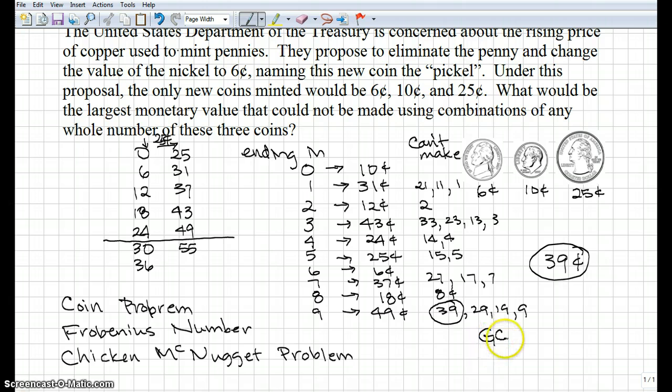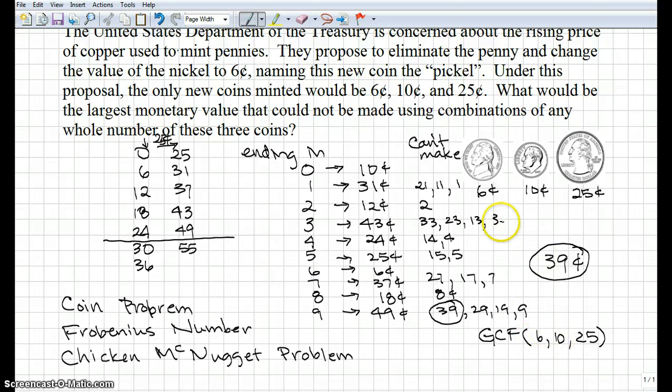So the greatest common factor of 6, 10, and 25 is 1, right? So there's basically no common factors other than 1. And when you have that situation, then you will get a Frobenius number, a biggest number that you can't make with these values by adding these values.